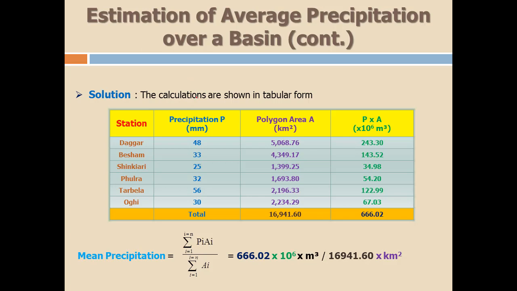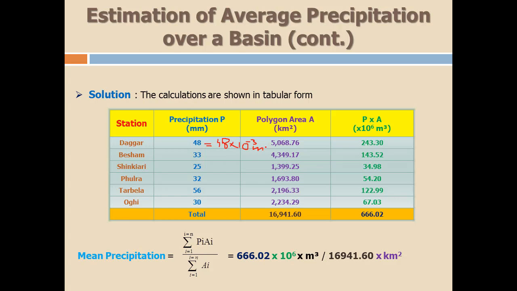So now it is 48 in millimeter, but if we write it in meter, it will be 48 multiplied by 10 raised to the power minus 3 meter. So now this is in meter.